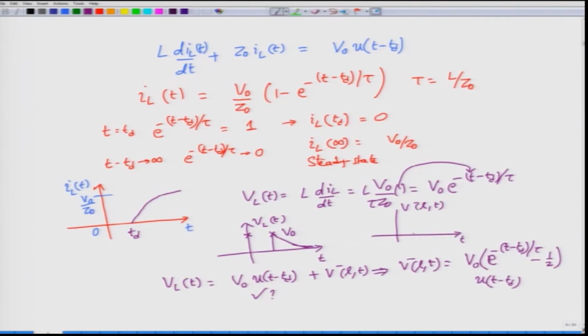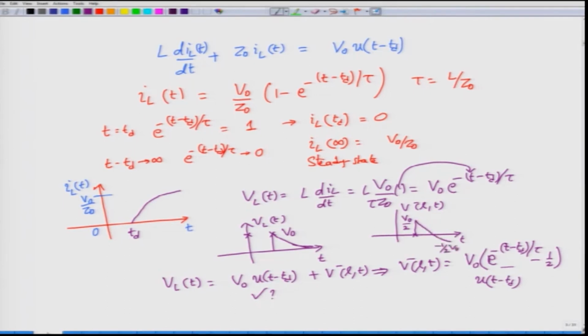It begins at t equal to Td with a value where the exponential factor will be 1, and 1 minus half will be equal to half times V0. So it will actually start at V0 by 2, and eventually when t minus Td becomes much larger than tau, the exponential goes off to 0 and you get minus half times V0. So eventually it would have dropped down to minus half V0.